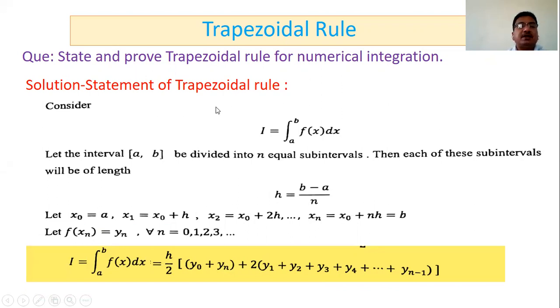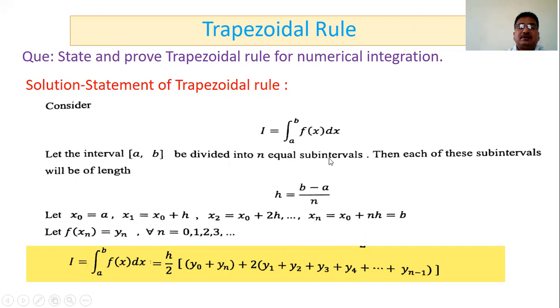So statement of the trapezoidal rule: consider the integration a to b f(x) dx denoted by I, and divide this interval ab into n sub intervals, each of length (b minus a) divided by n, denoted by h, the length of each sub interval. h is equal to (b minus a) by n.